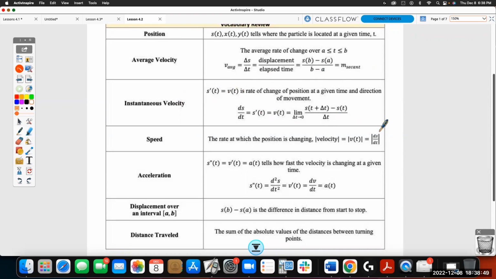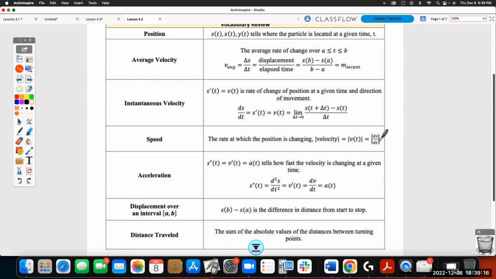Now speed, to differentiate it from velocity, is the rate at which position is changing. So velocity is a vector quantity in that it has magnitude and direction. Speed is simply the magnitude, so it's always positive. The speed is simply the absolute value of the velocity.